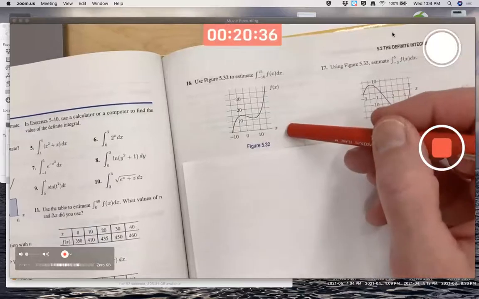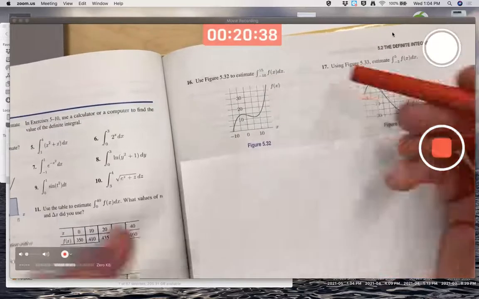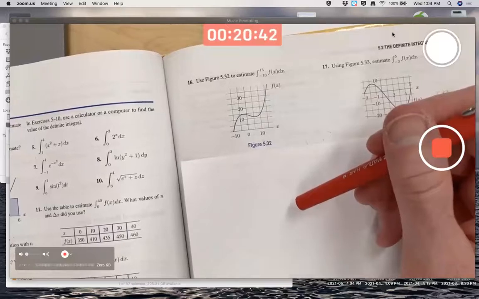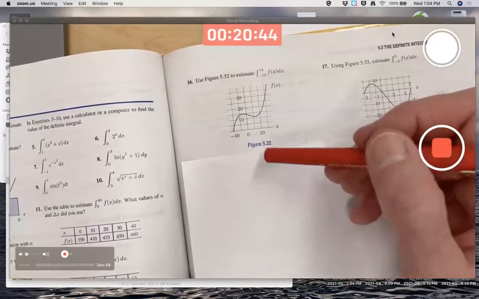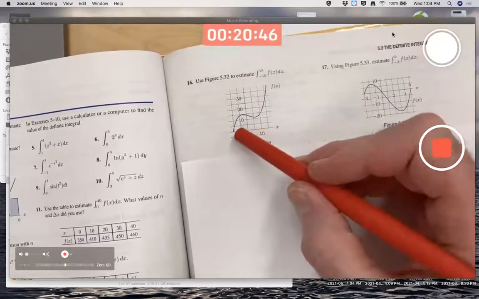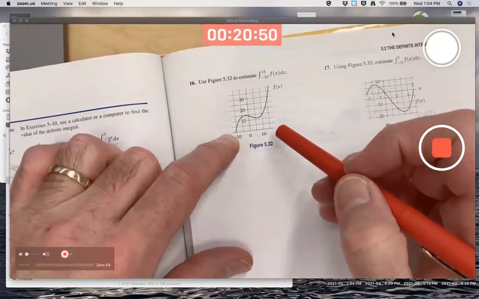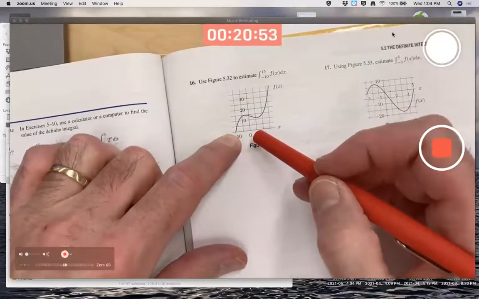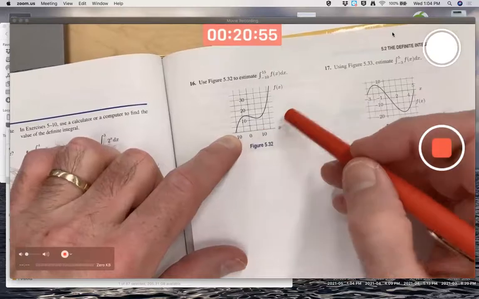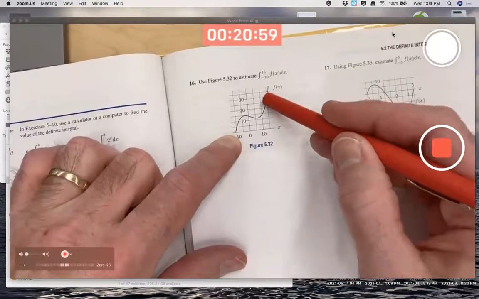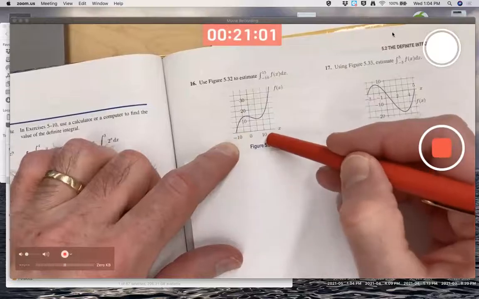It's above the horizontal axis, so that integral is just going to be the area under the graph. From negative 10 to 15, note that this graph starts at negative 11 or so. So ignore the first little part of it. And it goes past 15. 15 is right there. It goes past 15. So you got to focus on the part that's above negative 10 to 15.